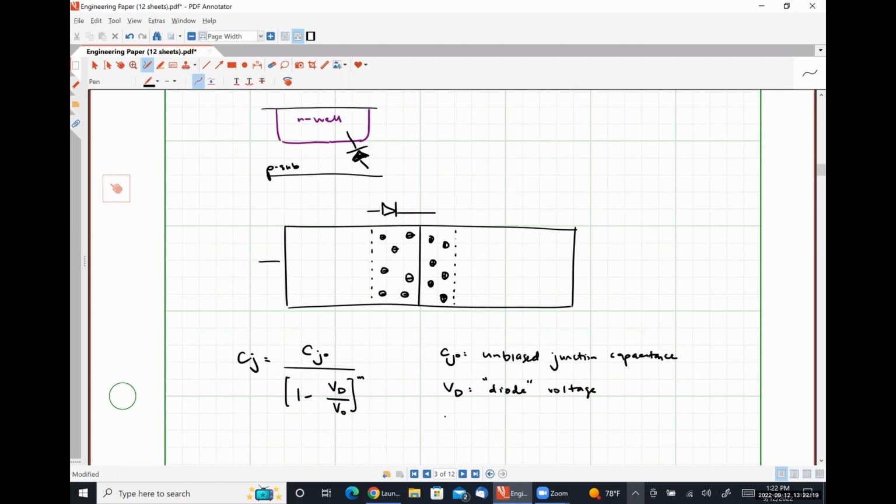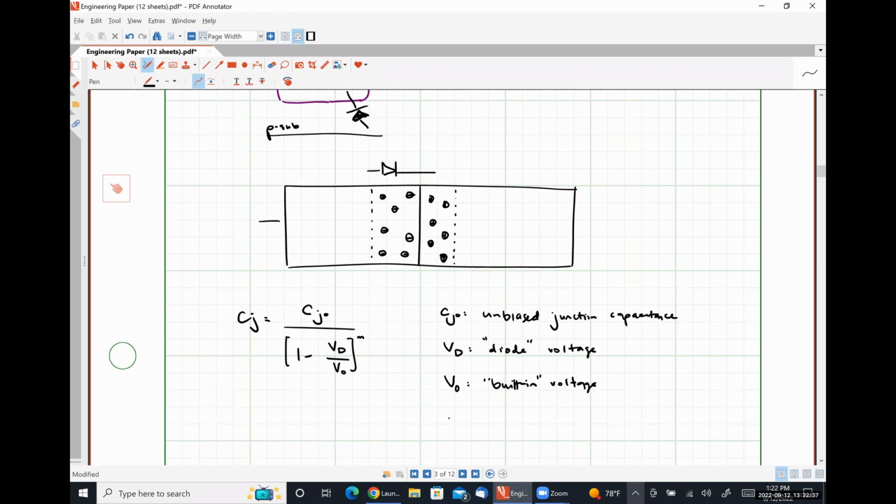Okay. V naught is the built-in voltage of the junction, typically somewhere in the ballpark of 0.7 volts for a silicon-based diode, and then M is the grading coefficient.